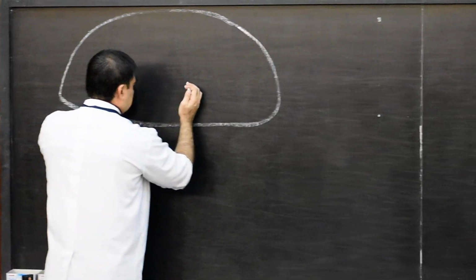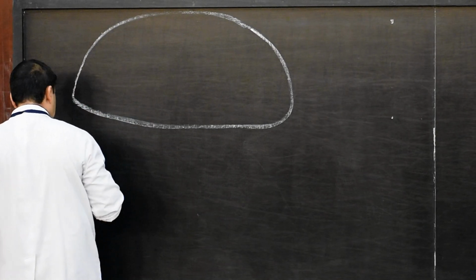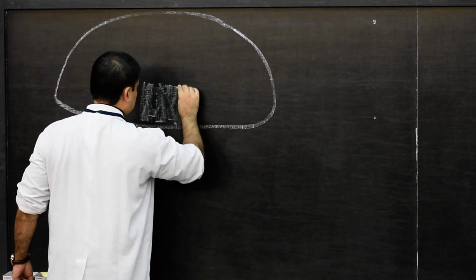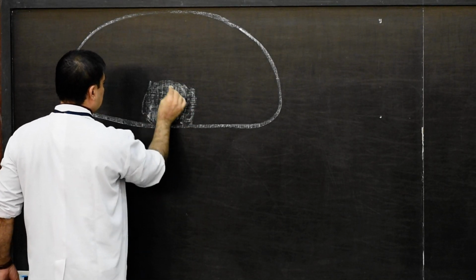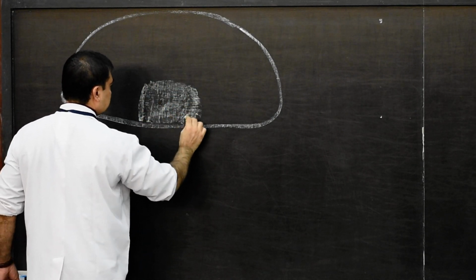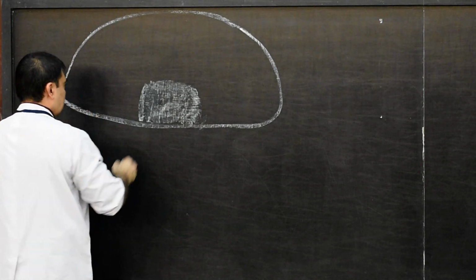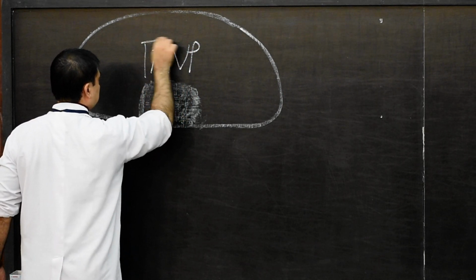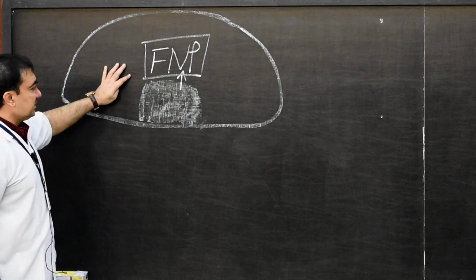In the center of that bulging, there will be a process which I will put here some color. This is the central portion, and this color will signify frontonasal process. So therefore, this is frontonasal process, this entire structure. And this is the bulging of forebrain vesicle.